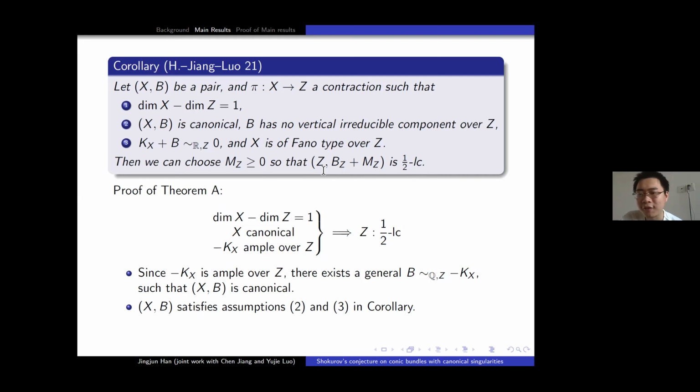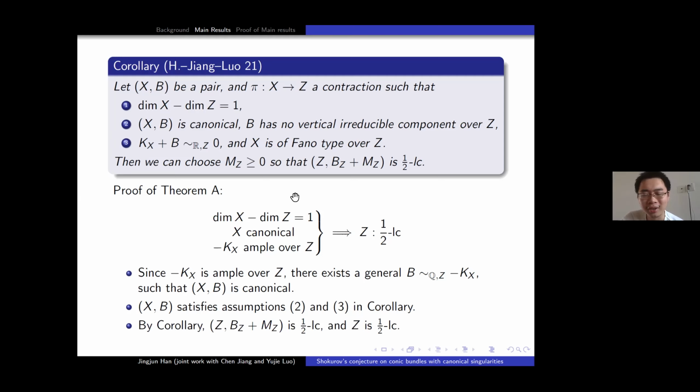This finishes the proof of Shokurov's conjecture, or Theorem A, where the statement is only about the singularities of Z. So you can see why it is natural to introduce pairs to consider, although the conjecture is only about the singularity of X and Z: because it is very natural to apply the canonical bundle formula. Okay, so this is about Theorem A.